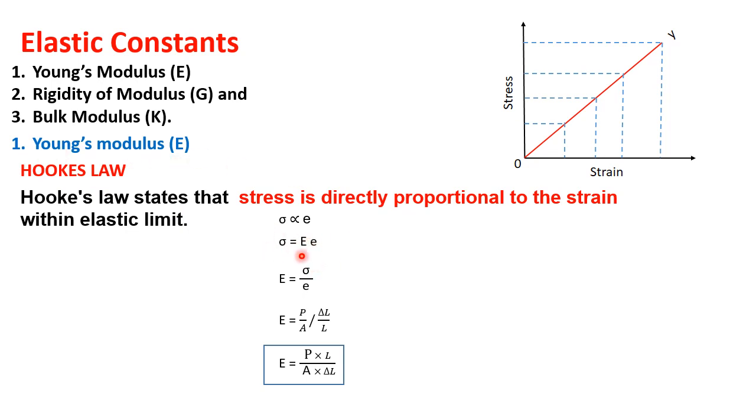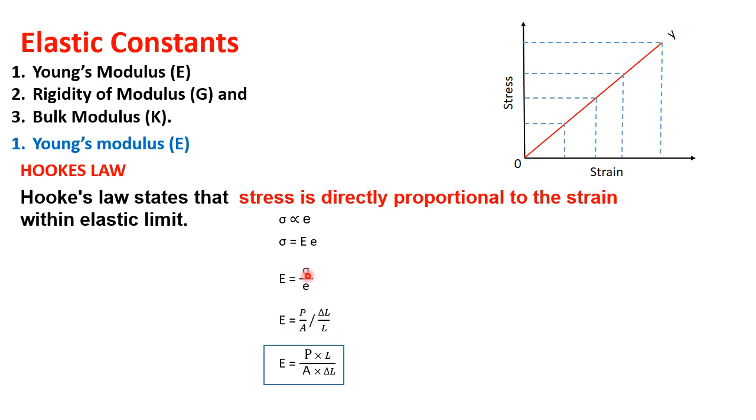So we can rewrite this equation as capital E is equal to sigma by small e, where sigma is the stress and small e is the strain. We already know the formula of stress as well as the strain. Stress is force per unit cross sectional area, and strain is change in length to the original length.